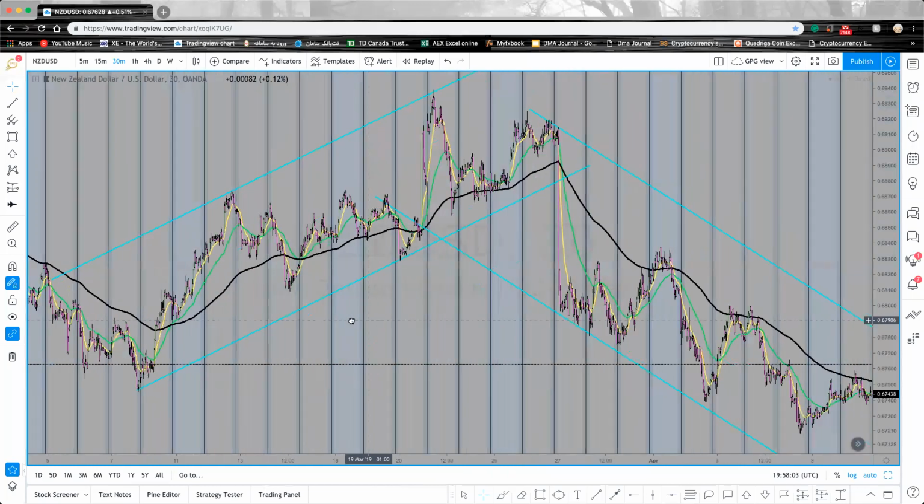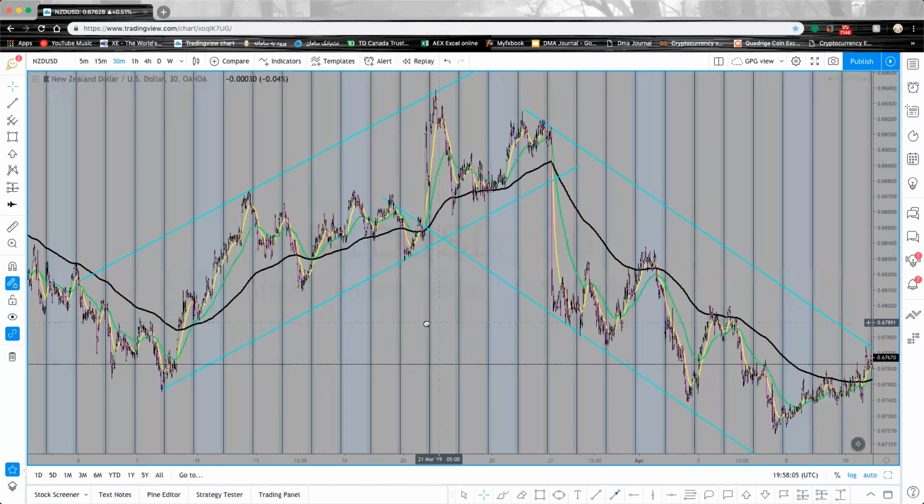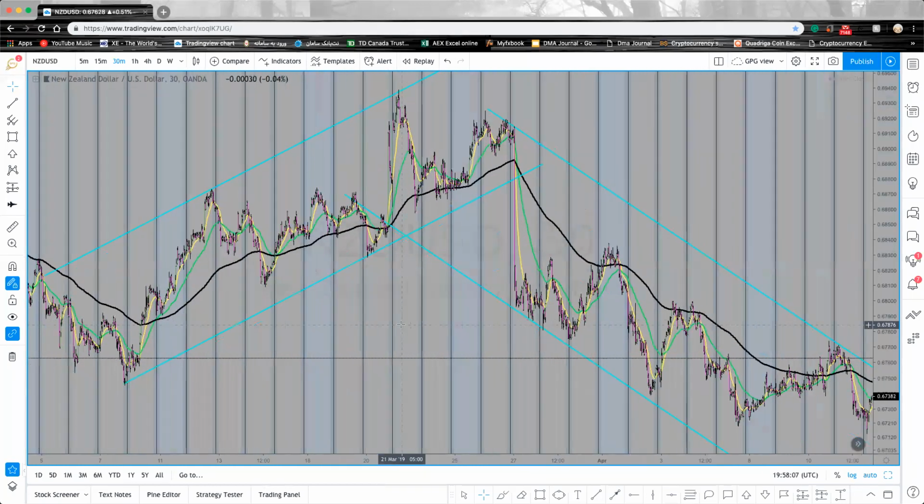Everybody in this chat room having any problem identifying this simple pattern, type it in the chat. No. This is lesson 1. No one should have any problem identifying this. And then what else can you identify?